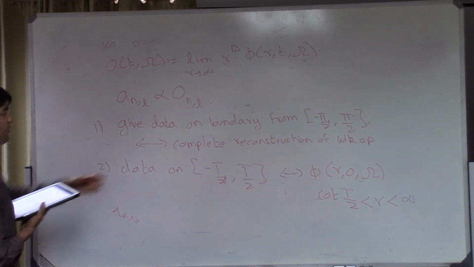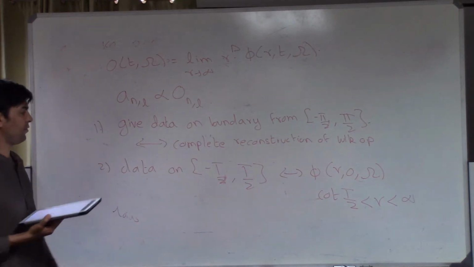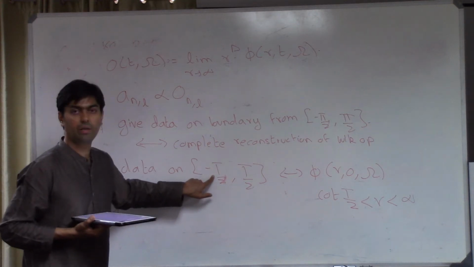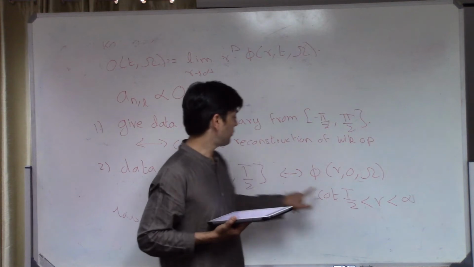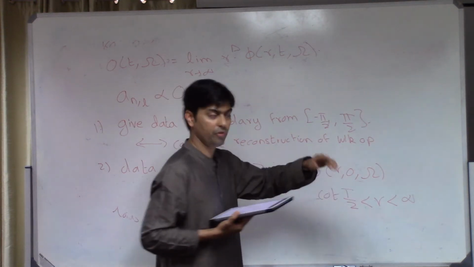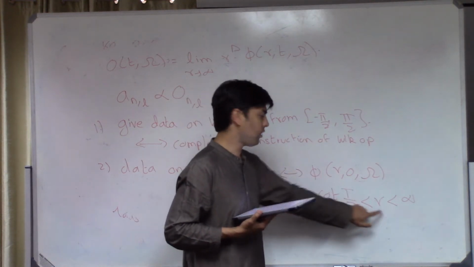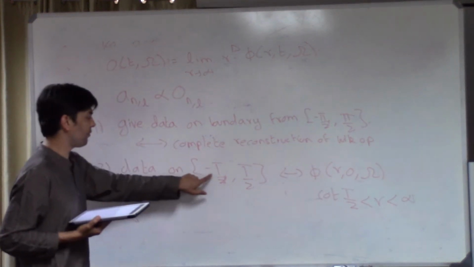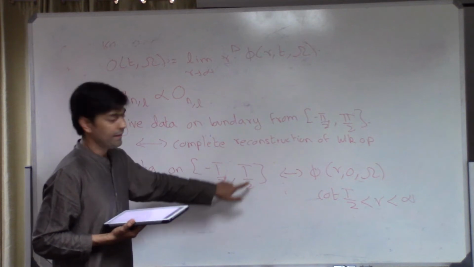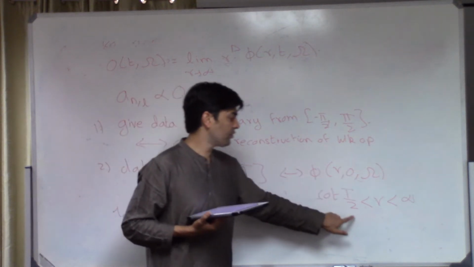So if you give me data on the boundary from minus pi by 2 to pi by 2, that's just a limit of this where you take t equal to pi, okay? And then cot t by 2 goes to 0. So it tells me what phi of r at time 0 and omega is for all values of r. Whereas if you give me data on the boundary from minus t by 2 to t by 2, that gives you only phi of r0 omega for these values of r.